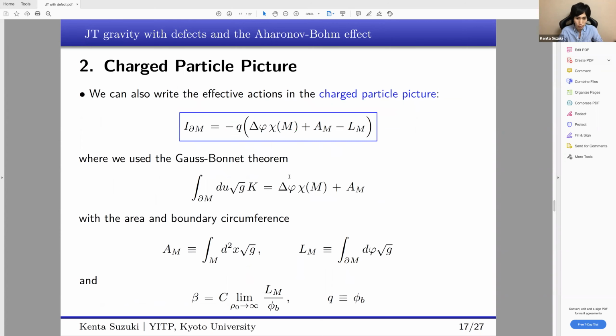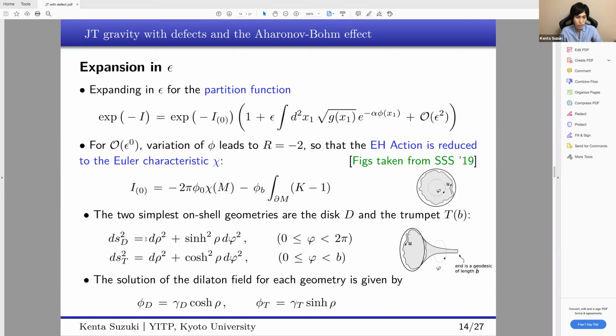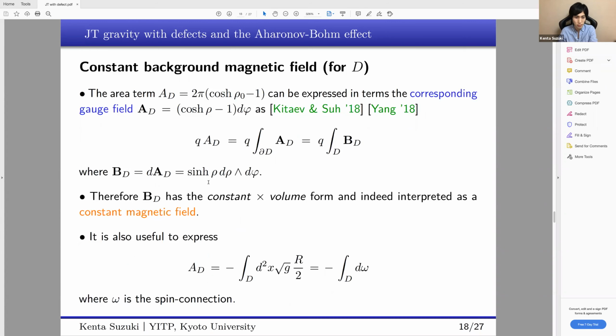And remember that for the disk geometry, we had this background metric. So indeed, this sinh rho times d rho wedge d phi is the volume element of this geometry. Therefore, this magnetic field B has the form of a constant times the volume element. Therefore, this magnetic field is indeed interpreted as a constant magnetic field. So the area term basically gives us the background magnetic field contribution.